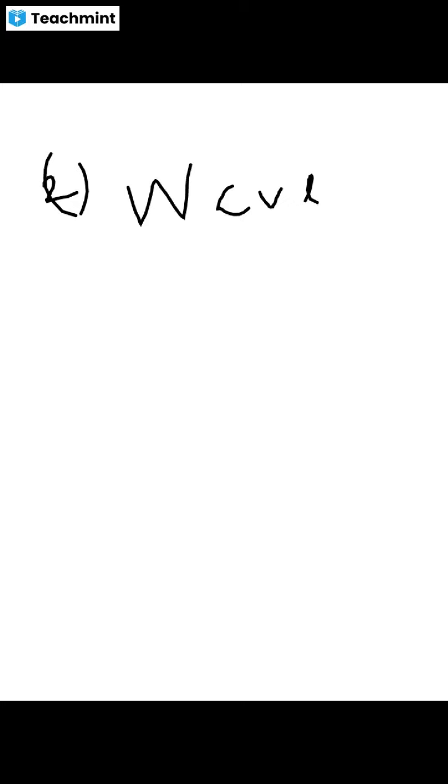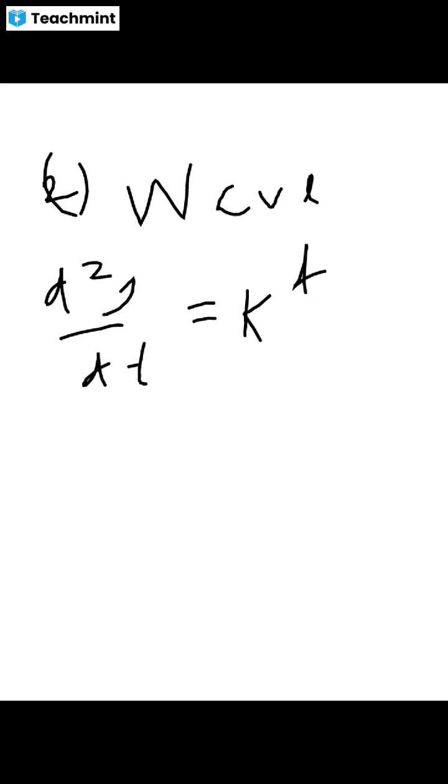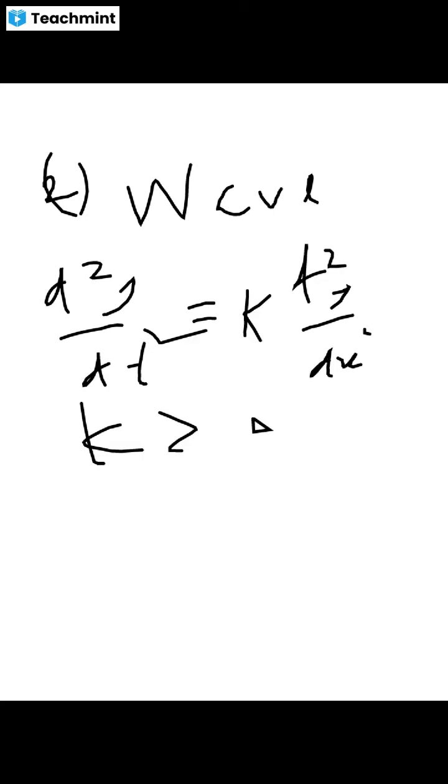The wave equation looks like d squared y over dt squared is equal to k d squared y over dx squared. So this is dt squared. You should know that your k is greater than 0.